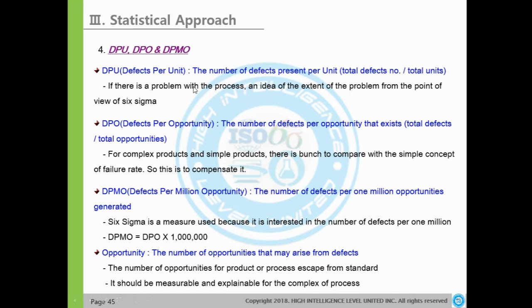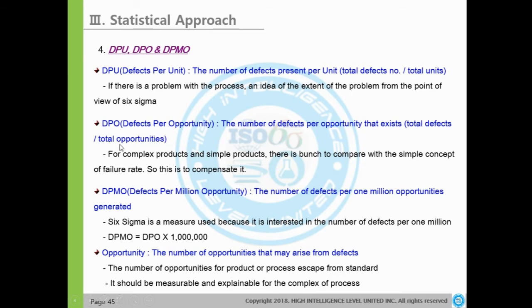So let's check this one again. DPU, the number of defects per unit. When you calculate it, we count first total defects and then divide by total units. Remember, DPU is only about the defects divided by units. DPO is total defects divided by total opportunities.